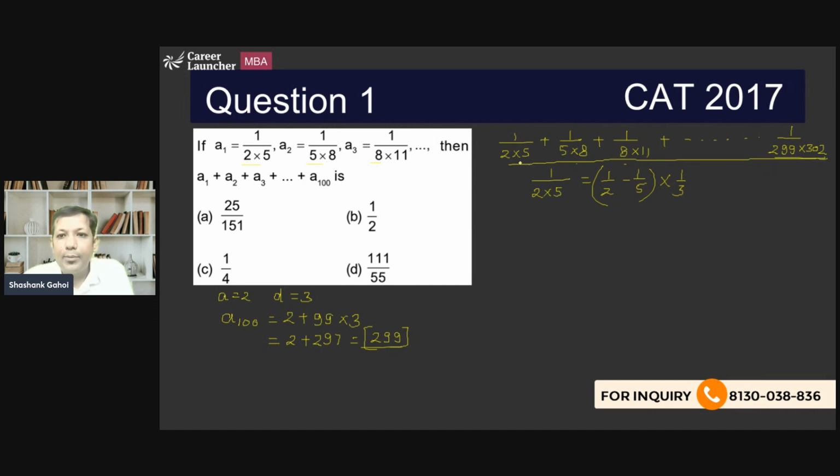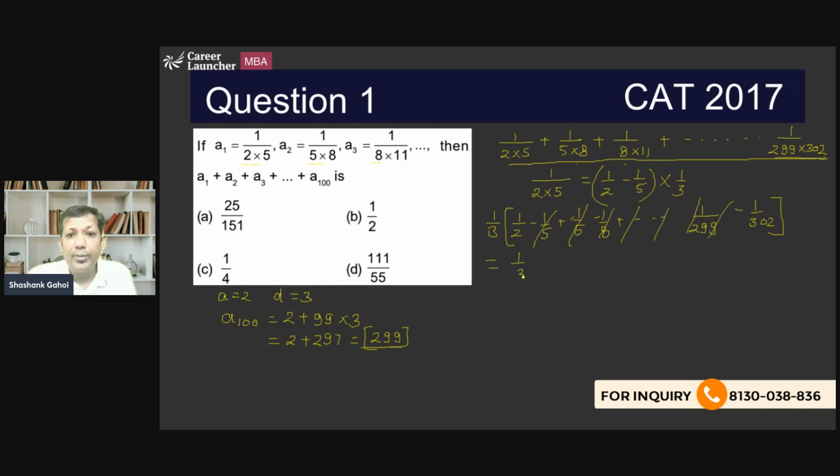So I have broken the first term, so I know that every term is going to be broken like this. Just 1 by 3 common, then 1 by 2 minus 1 by 5 plus 1 by 5 minus 1 by 8, up to 1 by 299 minus 1 by 302. Everything is cancelled out.